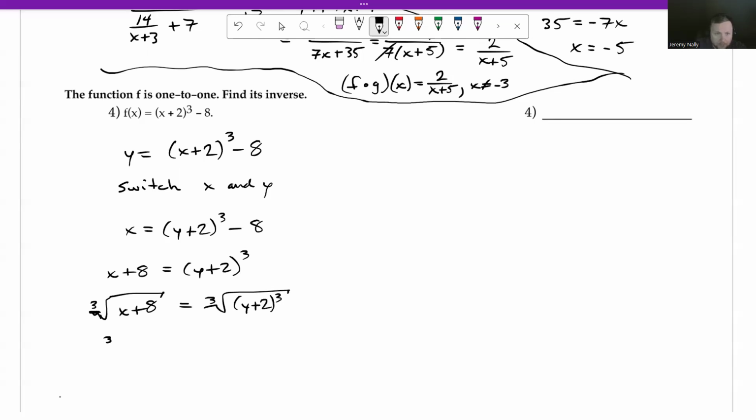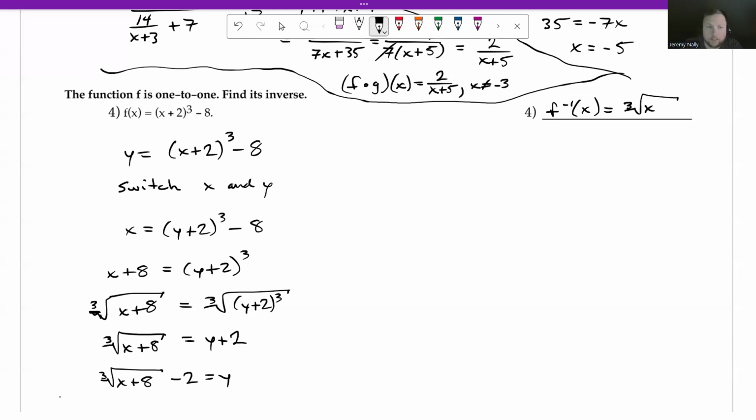Okay, so now we have the cube root of x plus 8 equals y plus 2. And then subtract 2 from both sides. Then we have that. So then our inverse function is the cube root of x plus 8, and then all of that minus 2.